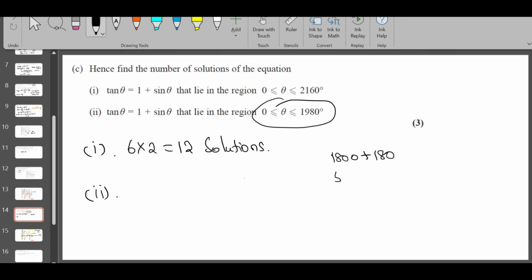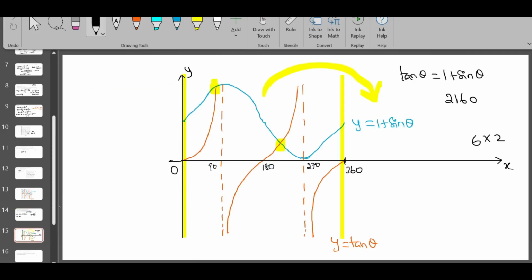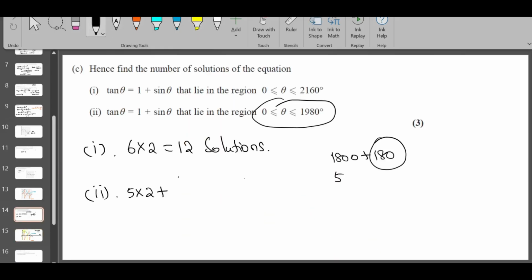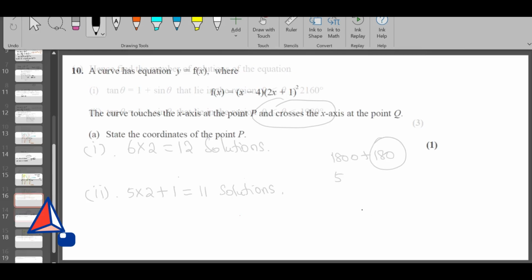So there are 5 360s, so you can put 5 times 2 plus another 180 interval. So you need to look at the graph from 0 to 180 and check how many points of intersection are there. Only one, right? This one, right? So you need to write 5 times 2 plus 1 is equal to 11 solutions. That's all.